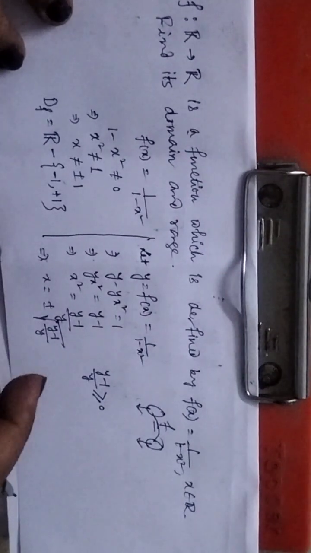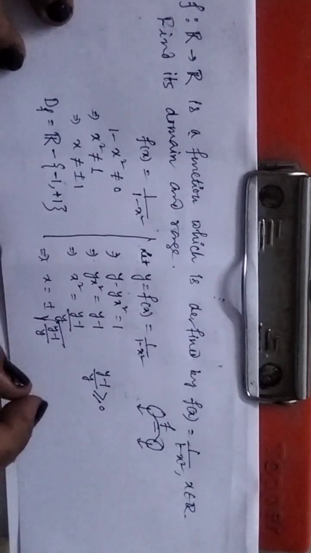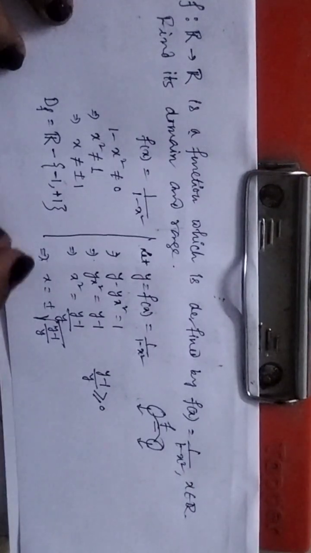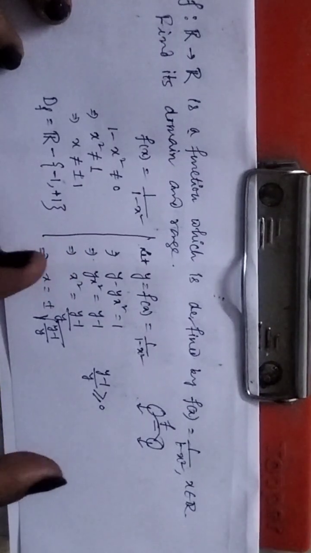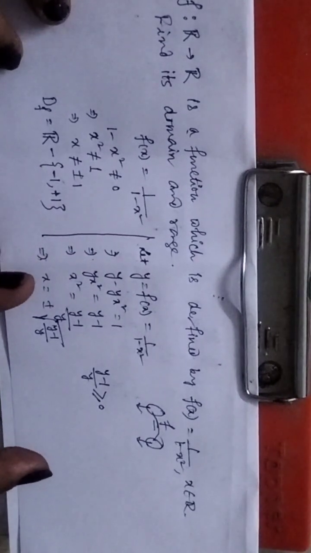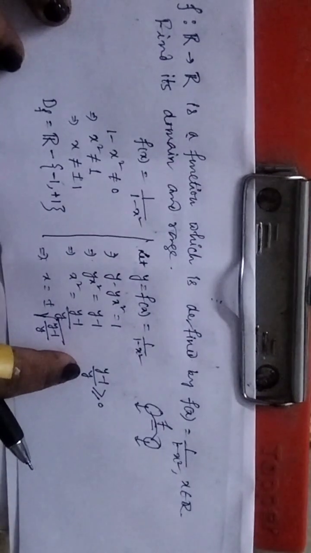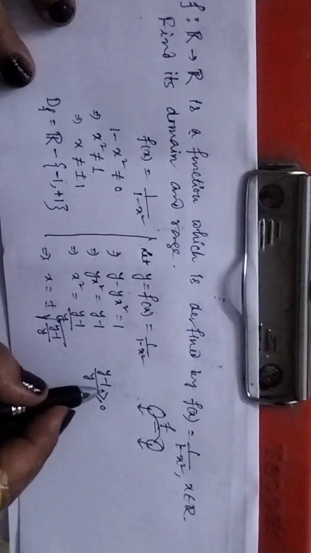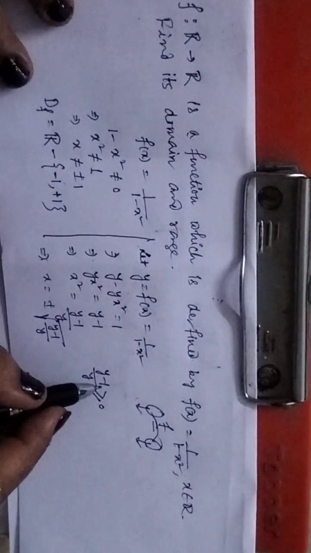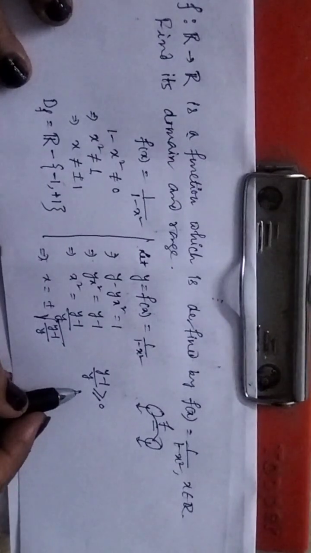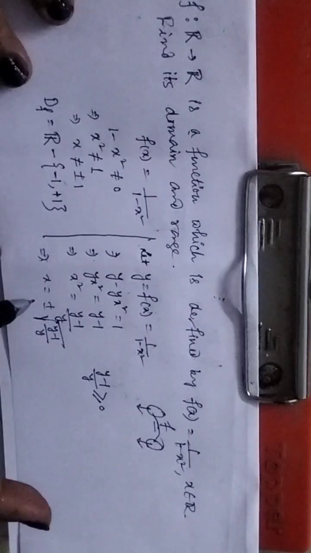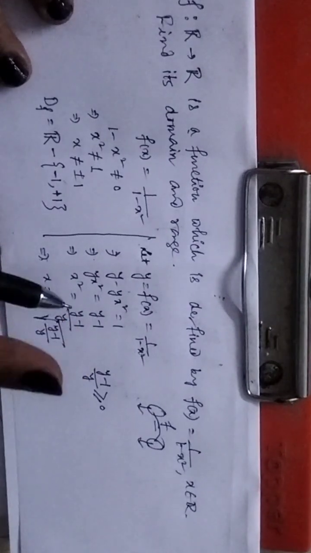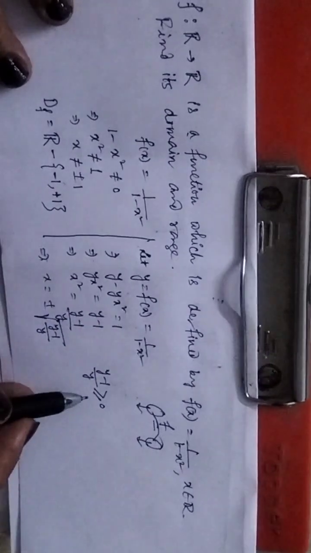So let's find out what should be the values of y for which real values will be found as the pre-image in the domain set. Those values of y will give us the range of this function. We have already determined that y should not be equal to 0. Now we will get the value of y either less than 0, that means negative, or greater than or equal to 1. Only in these two cases this expression will remain greater than or equal to 0.